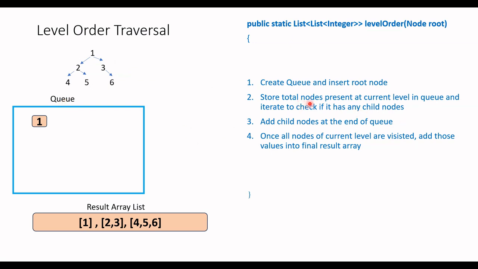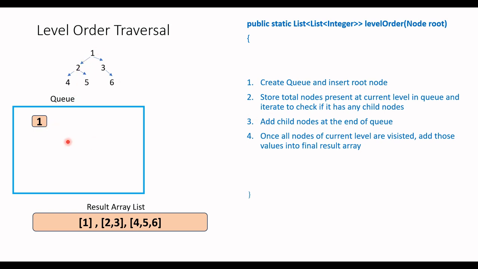Then first we'll record the total number of nodes at the current level. So at this level, in the beginning it will be 1, and it keeps on iterating to check if the current node has any child nodes. For the first level there is only a single node, and it contains two child nodes.